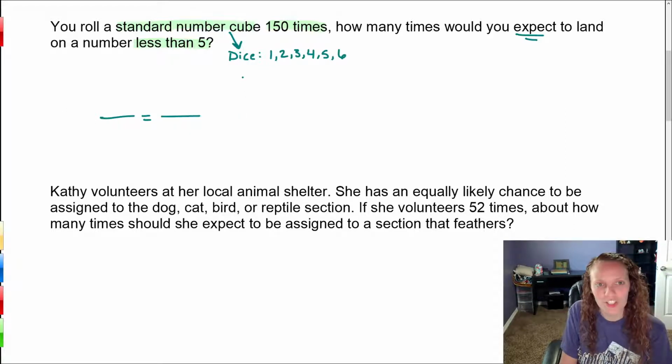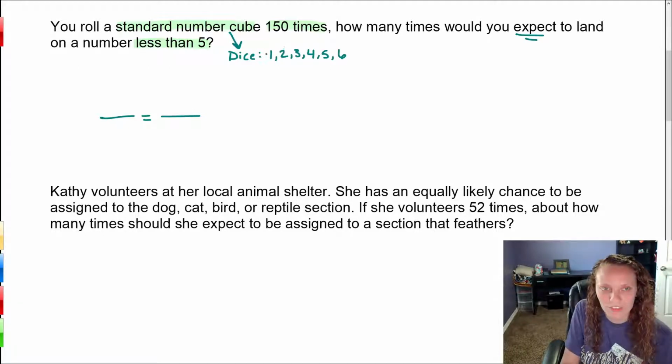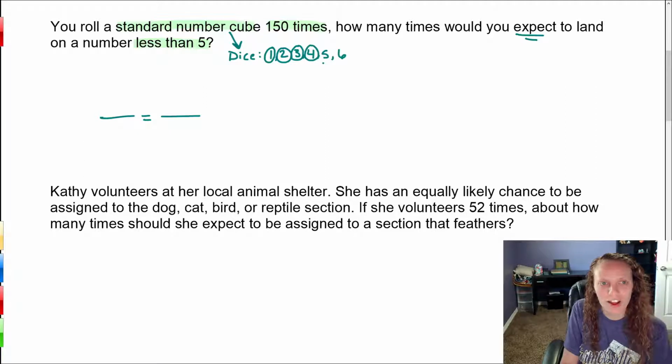The first fraction is going to contain the odds of them rolling a number less than 5. Let's circle the numbers that are less than 5. Now, I'm not going to circle 5 because 5 is not less than 5 and 6 is not less than 5. So the odds of them rolling a number less than 5 is 4 out of 6.